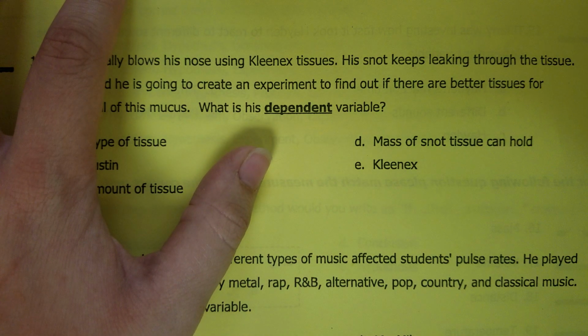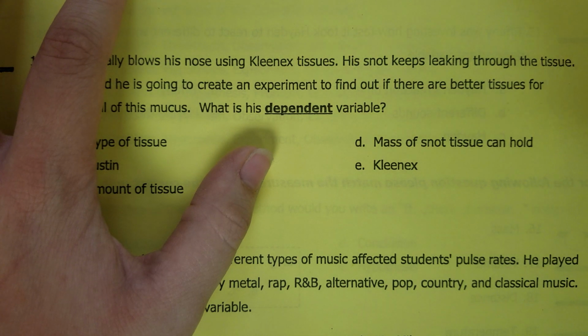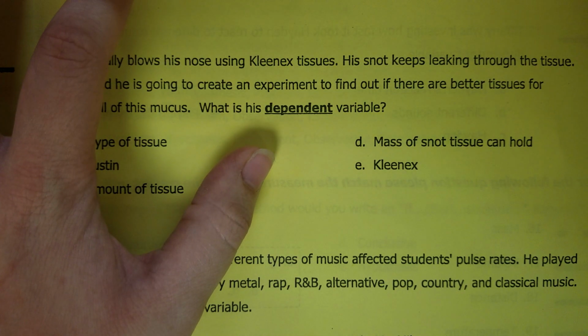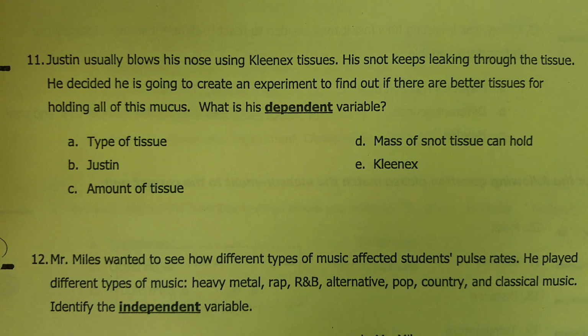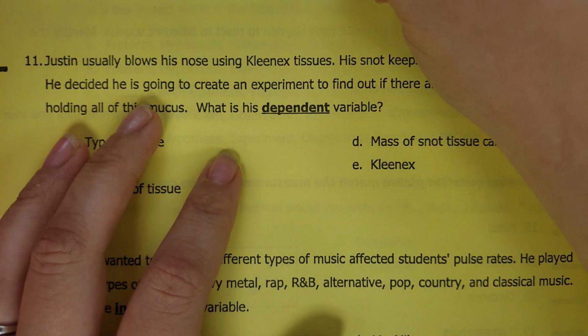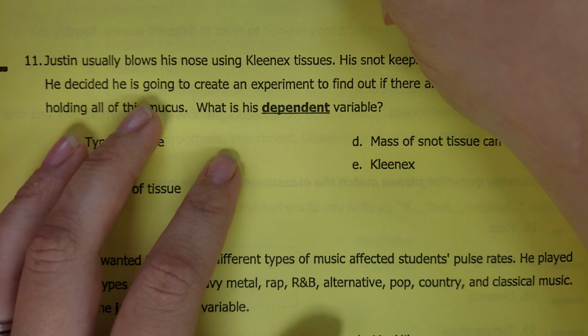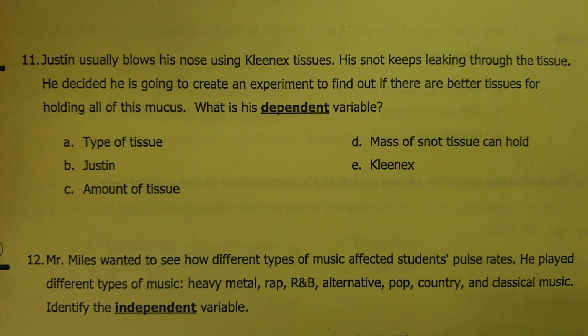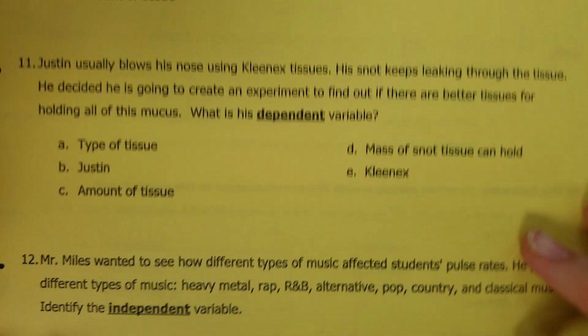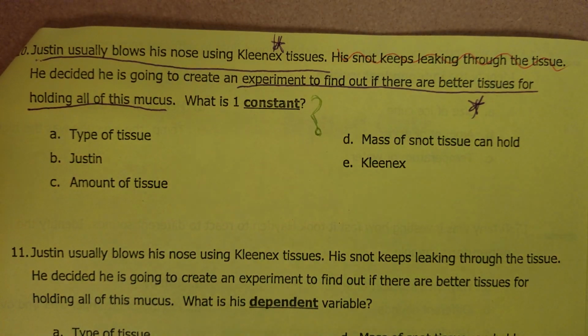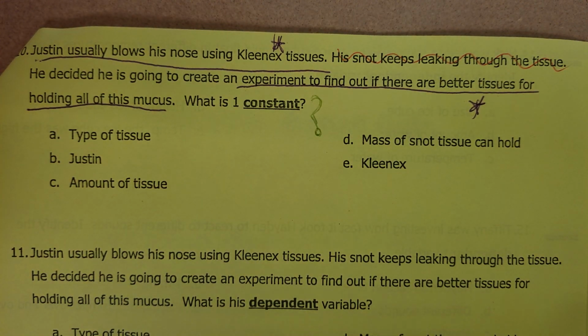We're creating an experiment to find out if there are better tissues for holding his mucus. So, now we're looking for our constant again. Remember, our constant is what is staying the same throughout the entire experiment.